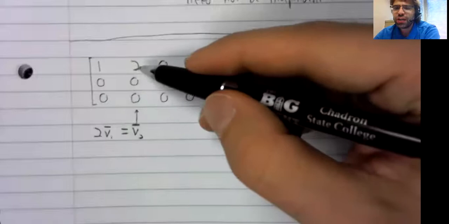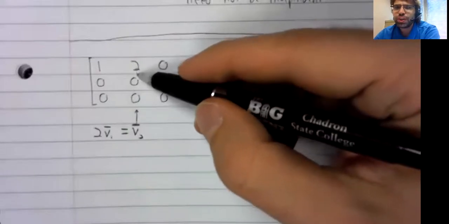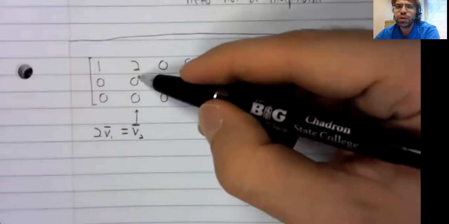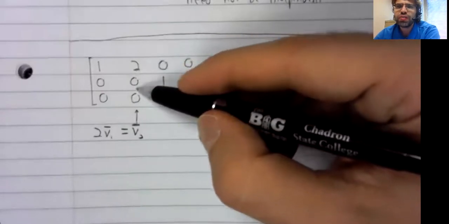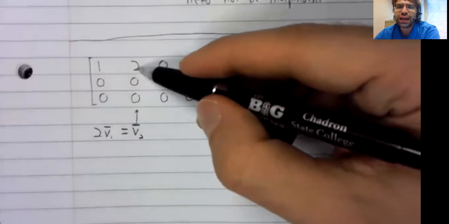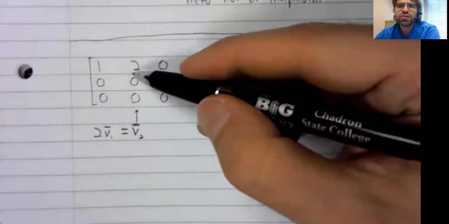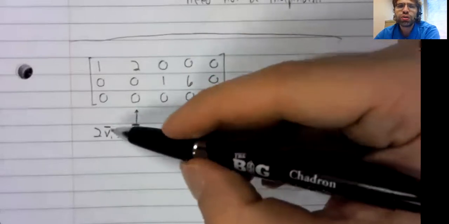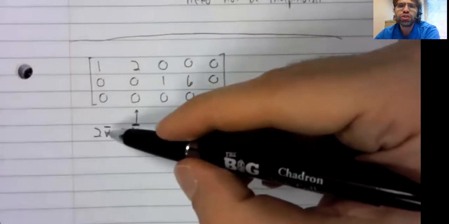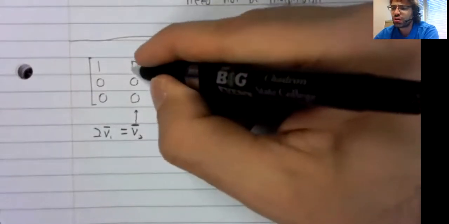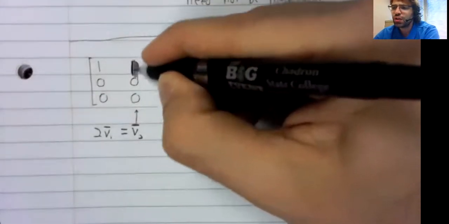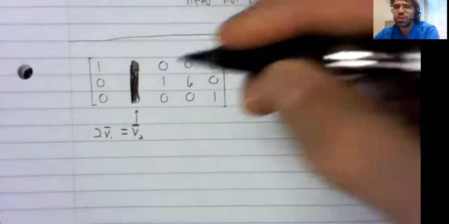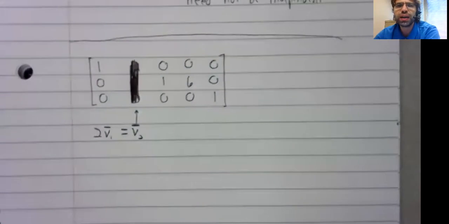And therefore, if we got rid of this column, it wouldn't affect the span. That was part of the spanning set theorem, that if a vector is a linear combination of other vectors, then getting rid of it doesn't affect the span.